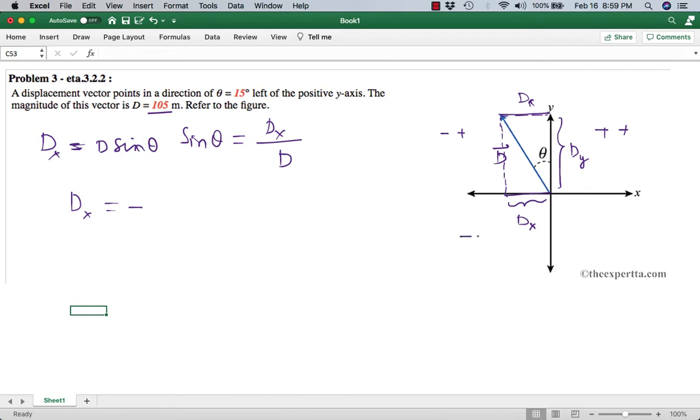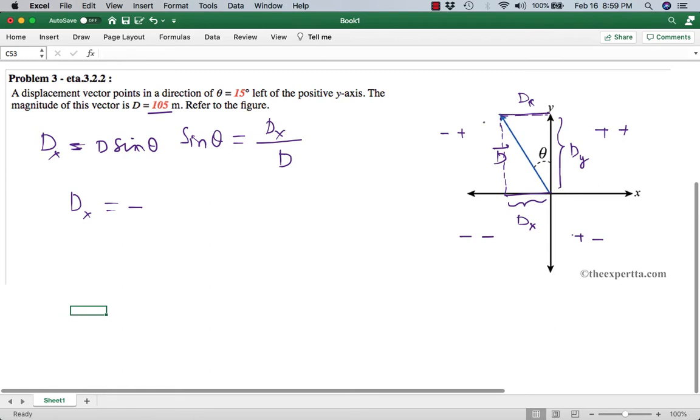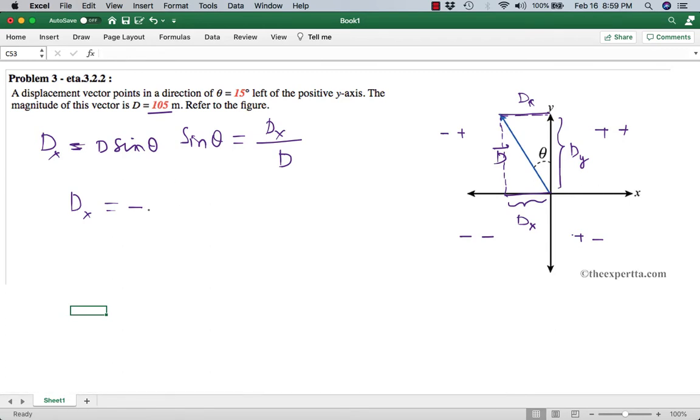This side has negative x and negative y. Both x component and y component are negative in this quadrant, and on this quadrant x is pointing to the right, and y is pointing down, so y is negative. So our x component is pointing to the left, so we have minus d sine theta, and to denote that it's pointing to the left, we use this i hat. This i hat means pointing along the x direction, and this negative sign tells us it's pointing to the left.